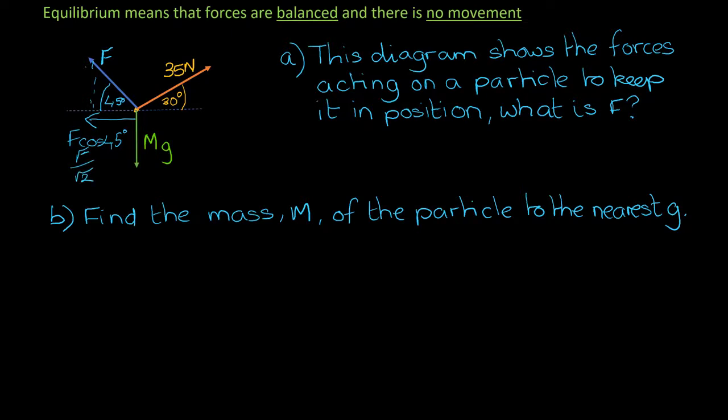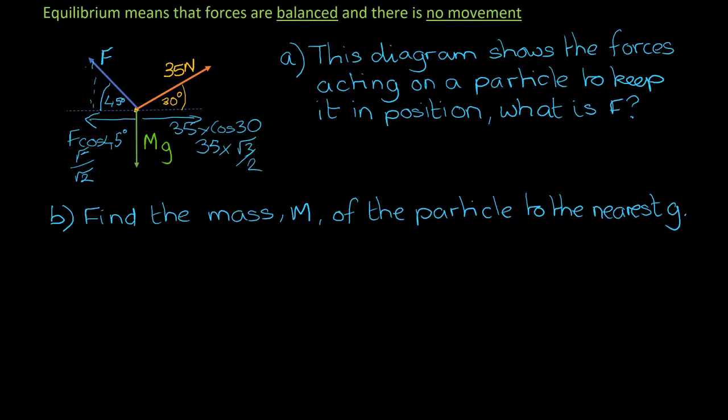So we can resolve the other side as well. We've got a 35 Newton force. We want its horizontal component, and again we can see that's a cos situation because it's adjacent, and so that's going to be 35 times cos 30, which means it's 35 times root 3 over 2.